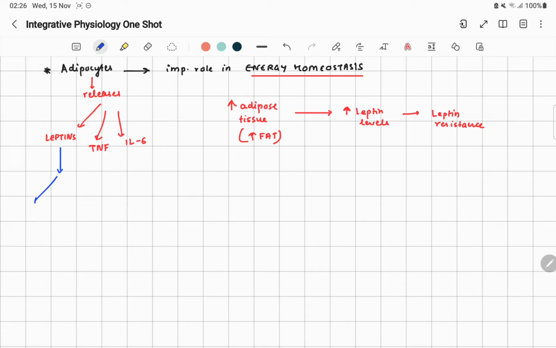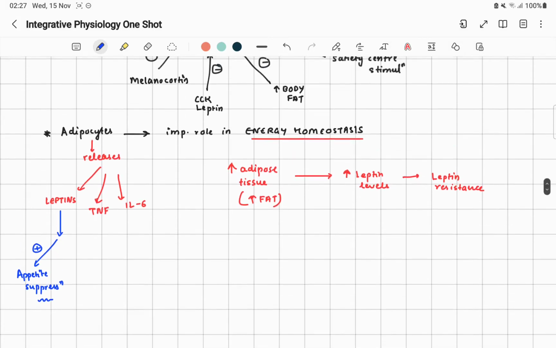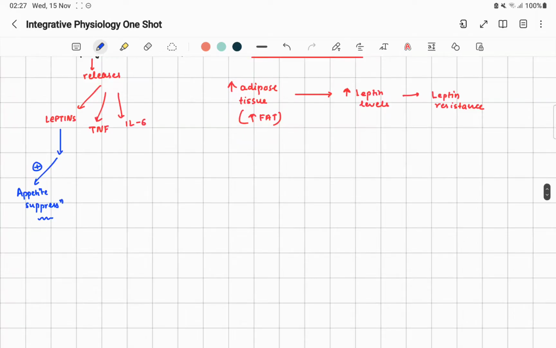If the levels are normal, then leptin will increase appetite suppression, which means the person's food intake is reduced. If the leptin levels are normal, it will inhibit the appetite. In resistance, the person will tend to eat more and more, and activate the appetite, and increase the insulin secretion.